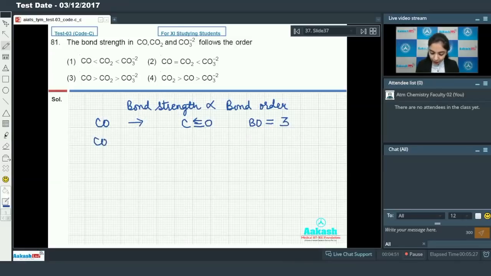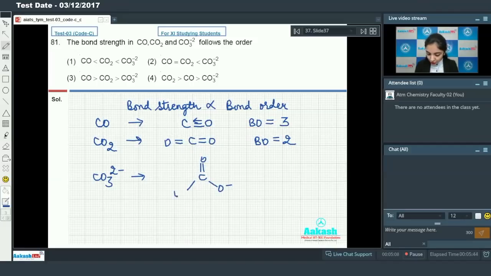Now we have carbon dioxide. In carbon dioxide, the bond order is 2. And now we have CO3 2-. So CO3 2- has this structure and it has resonating structures.